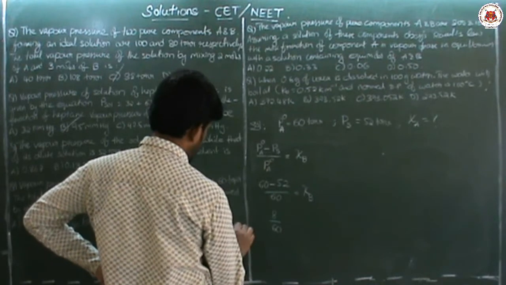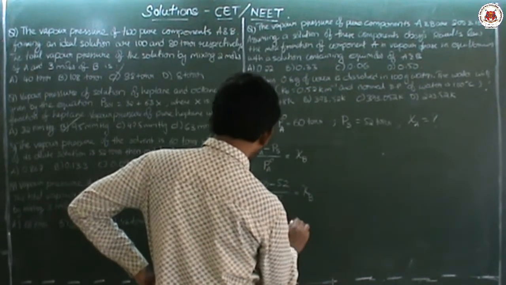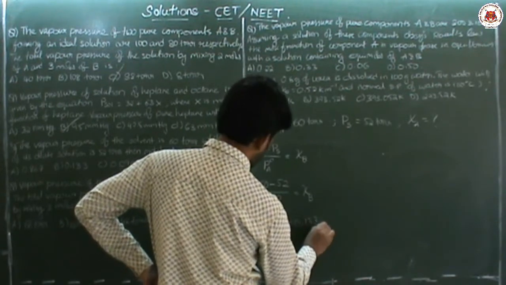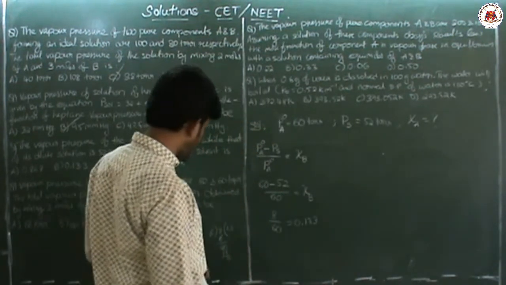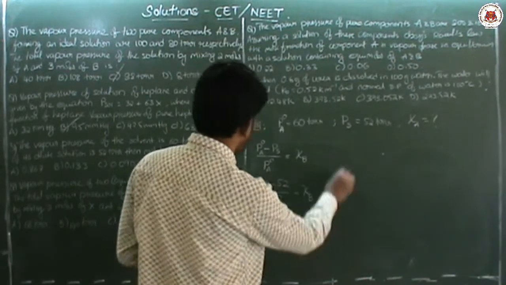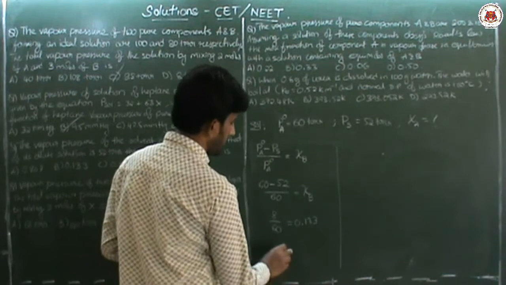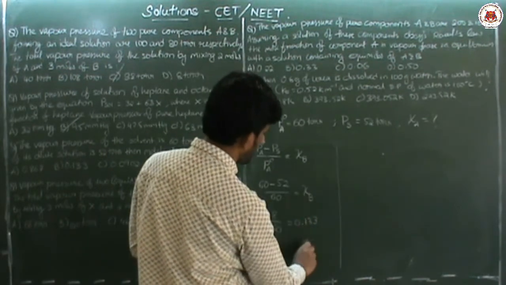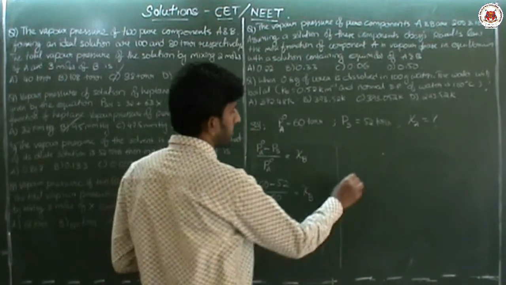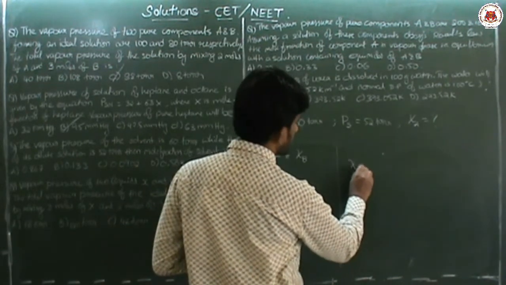8 by 60 comes around 0.133. Now you know that XB, the mole fraction of solute, is equal to this one. Then what is the sum of the mole fractions?